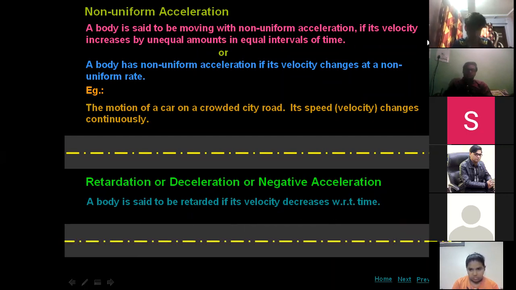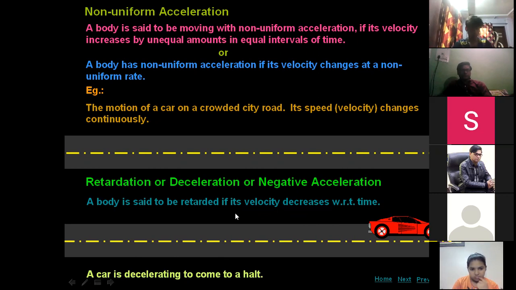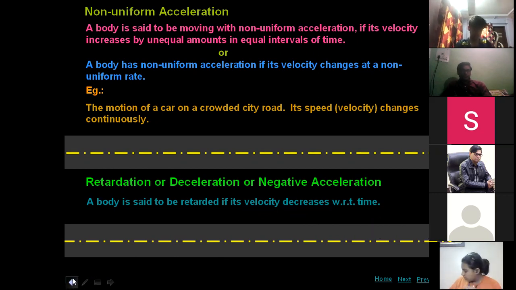Again, see the next example. So it was moving uniformly, but the brake was applied. The car was in motion. It was a high-speed car. Then the driver applied the brake and it stopped at the end of this road.